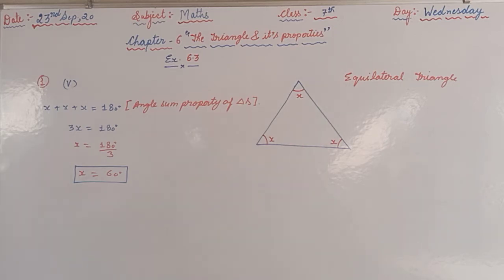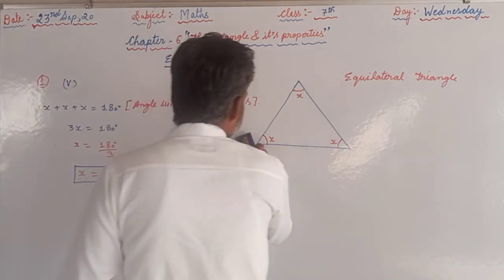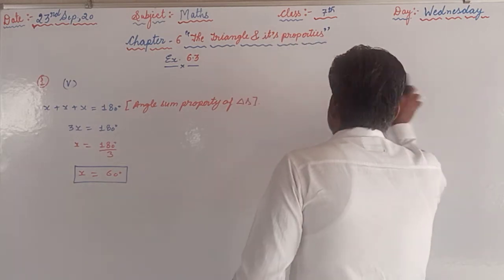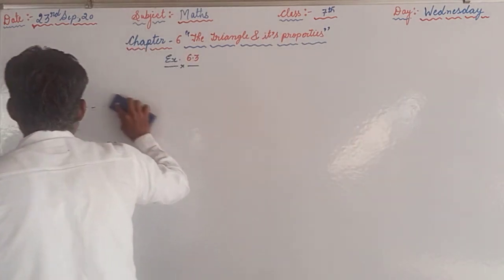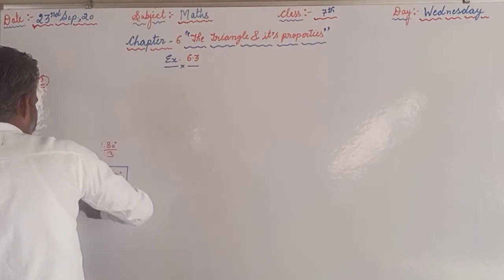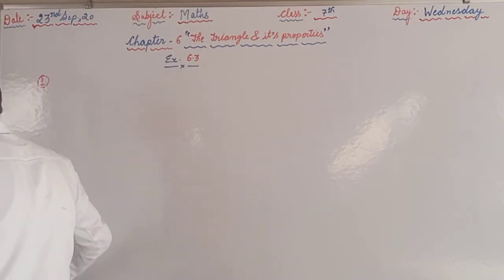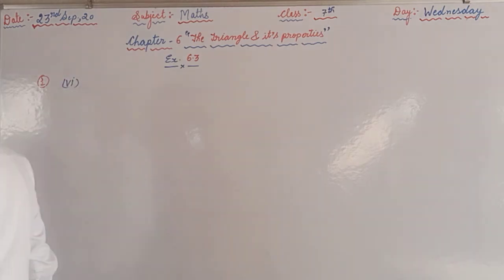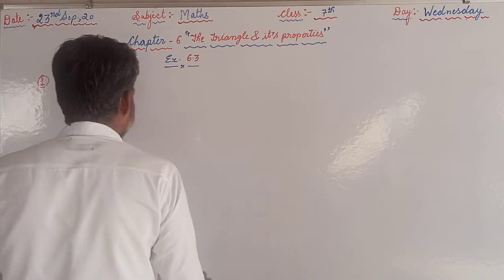In the last question, the last part we are supposed to discuss, because that is again a different part. That is part 6. So that is a right angle triangle.